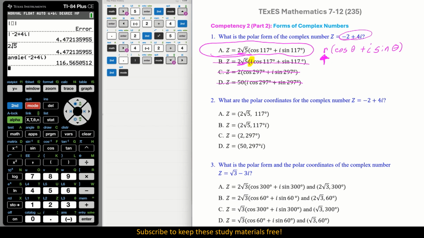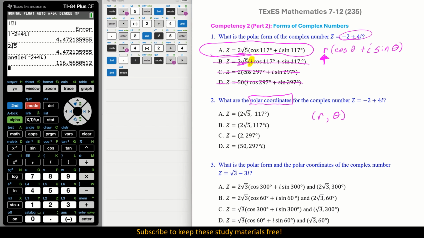So let's apply that to the second one, except they want the polar coordinates. Well, to get the polar coordinates, we just have to do the same step we did and just find the things we need. Now, for polar coordinates, that is r and theta, and that's it.